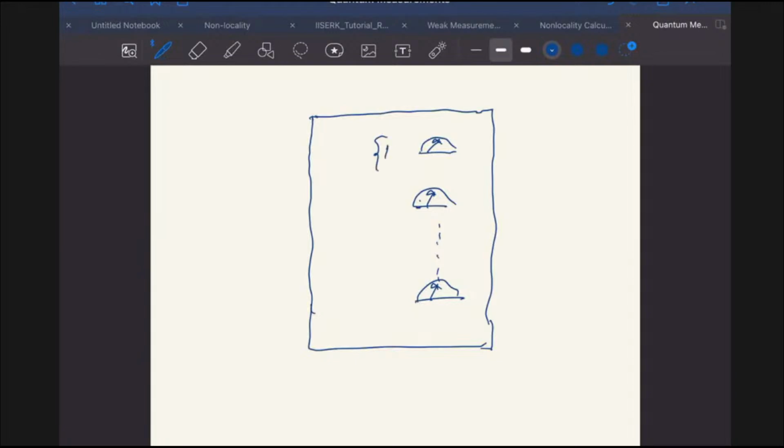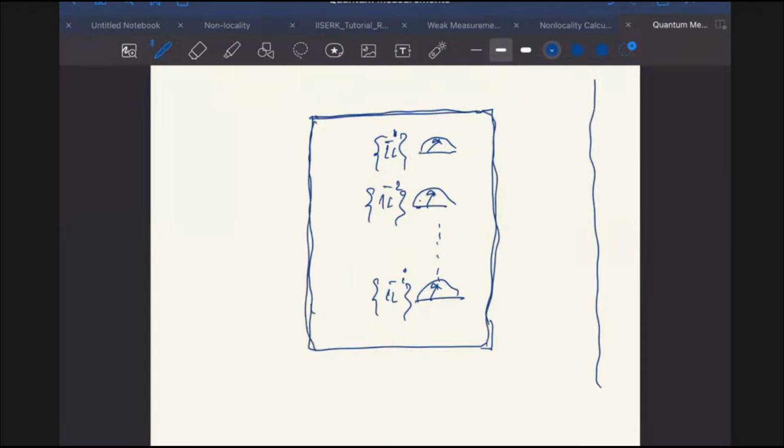This corresponds to some POVM, say 1, 2. These are projectors, some set of projectors. And the detection screen is there. This is a black box. For you, this is a black box. You don't know what is happening inside it.